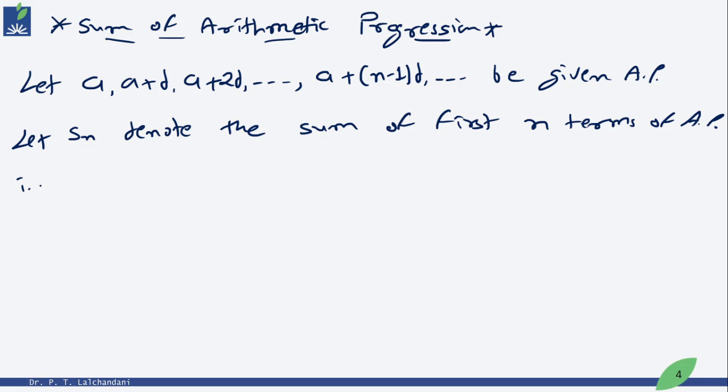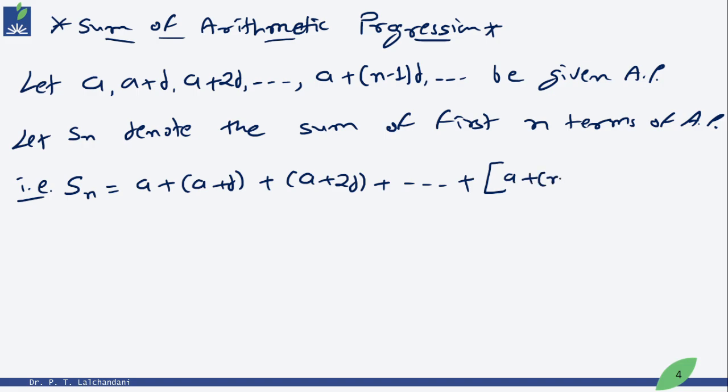The first term is a, the second is a plus d, the third is a plus 2d, and the nth term is a plus n minus 1 times d. So from this we get Sn is equal to a plus a plus d plus a plus 2d up to a plus n minus 1 times d. Say this is expression number 1.